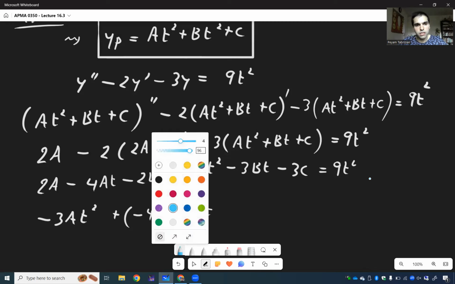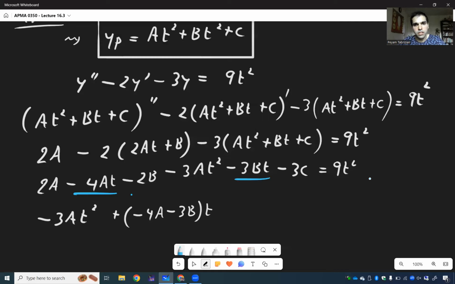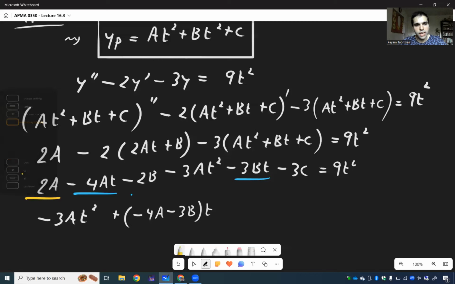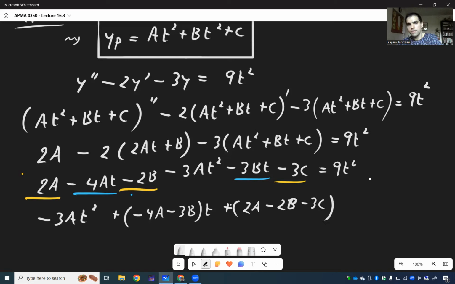So we just looked at terms of degree 1, and then let's look at terms of degree 0: 2a minus 2b minus 3c. And that's really 9t squared, but it's 9t squared plus 0t plus 0.